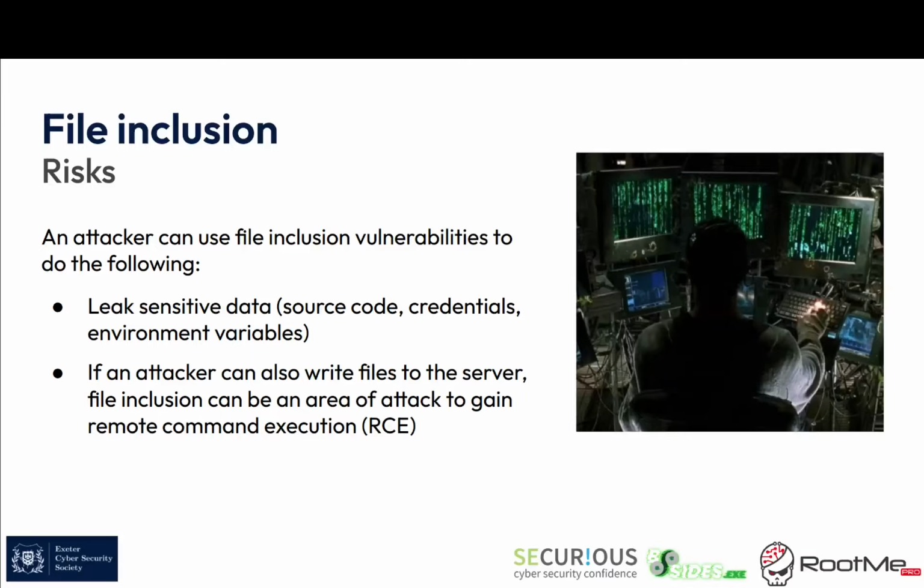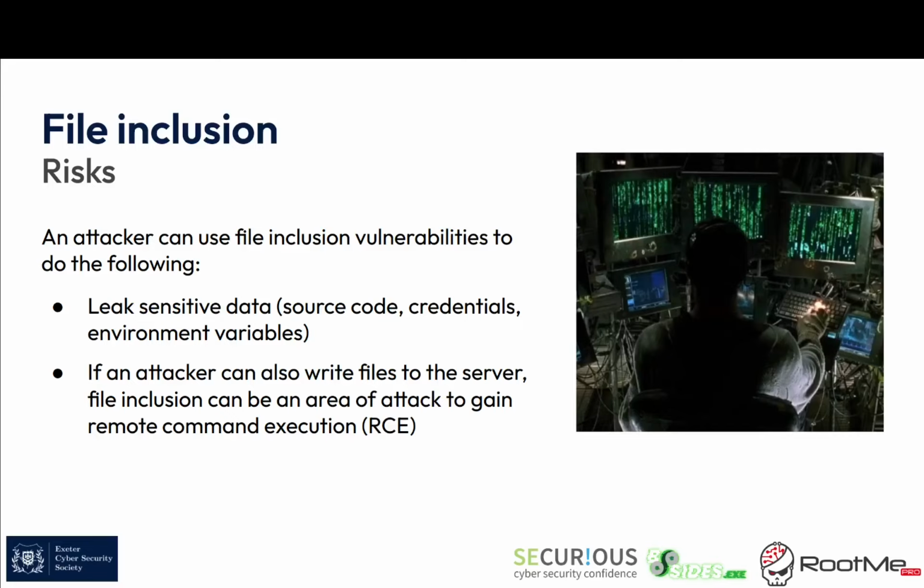So what are the risks of file inclusion? An attacker can use file inclusion vulnerabilities to do the following. First, they can leak sensitive data. If your code is proprietary and you have a file inclusion vulnerability on your application, someone could leak all the source code. They can get credentials, databases, configuration keys, environment variables, things like that. Essentially, you are giving file access on the web server.